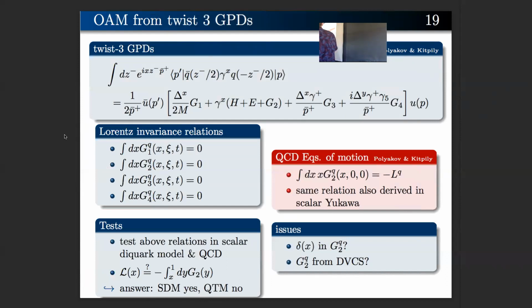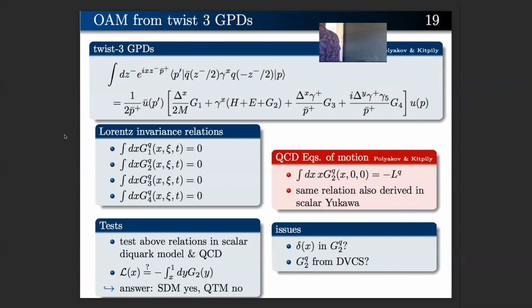This is the relation I already wrote down, and we showed that the same relation should also hold in scalar Yukawa. That's important because that's one of the models that we use to test these relations.